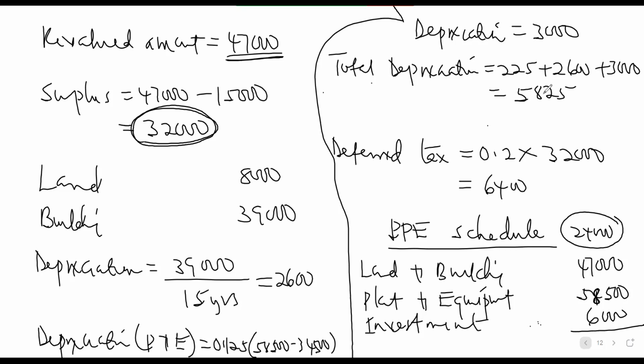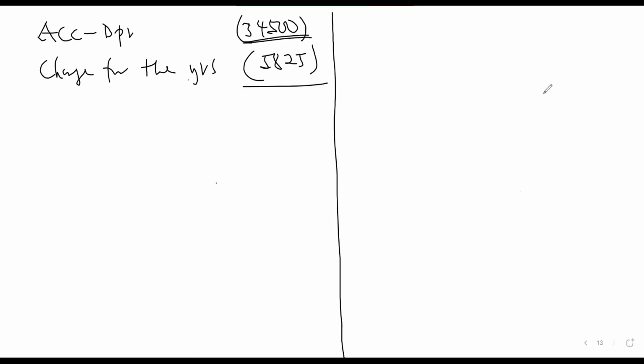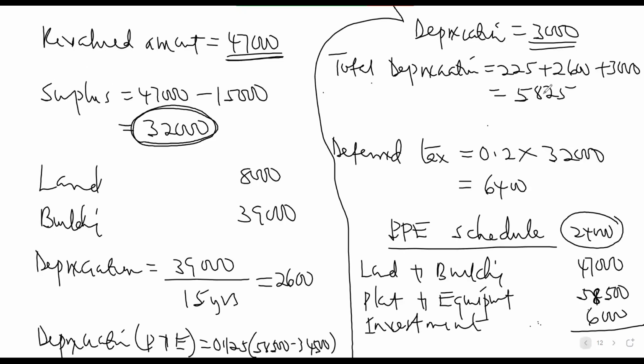Yes, please. Okay, then you just take only the current year depreciation from it. So someone can decide to put 24,000 over here and ignore the 34,500, because we are picking the values at the beginning of the year. This is the value for land and building at the beginning of the year. Plant and equipment should be 24,000.